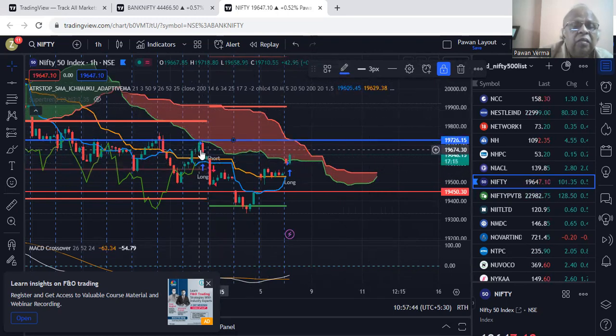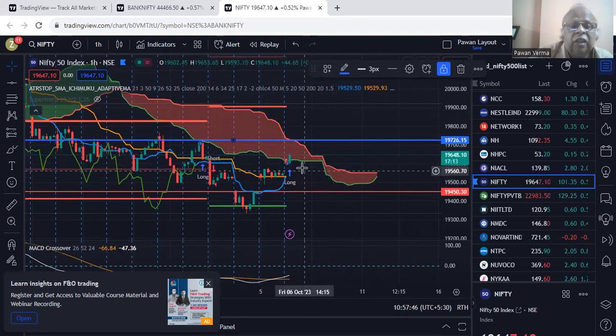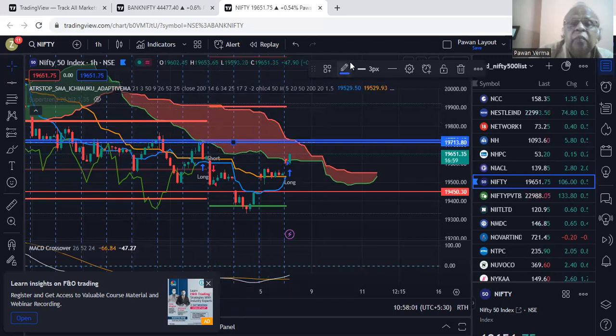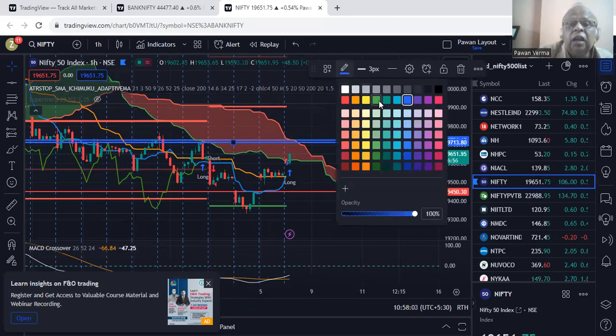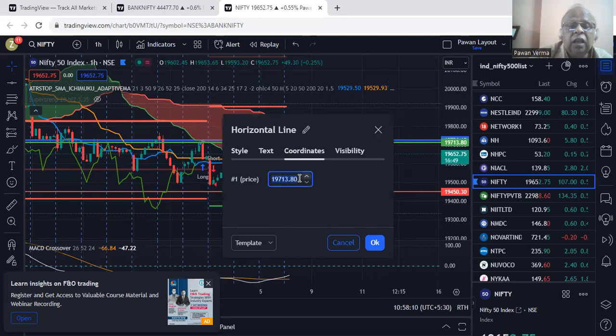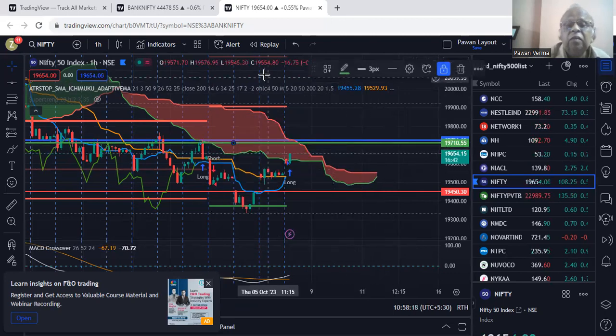So the trigger price, according to this analysis, is coming around the close of this particular candle, that is 19,710.55, meaning 19,700.